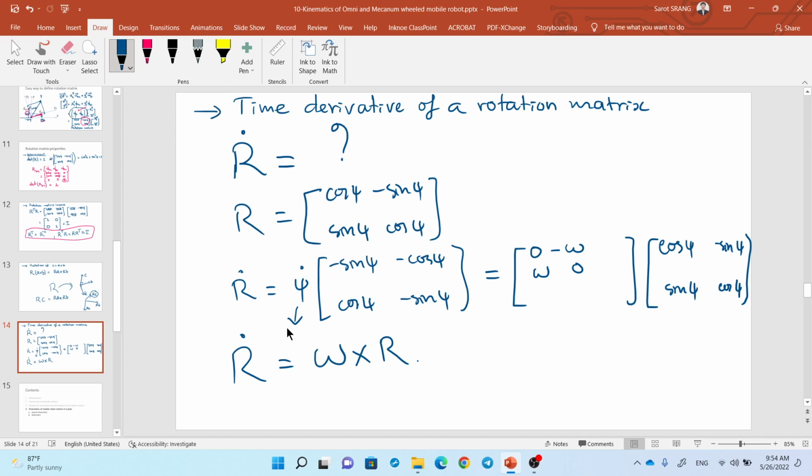So I should say this one is omega z. So this one is 0 0 omega z, right? Because of this formulation, that's why I know that we can write like this.